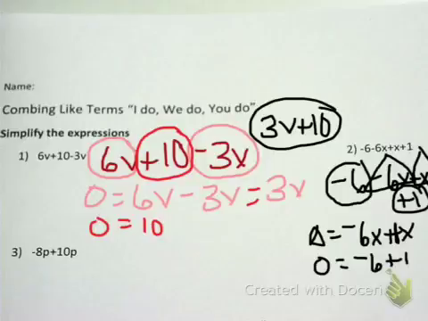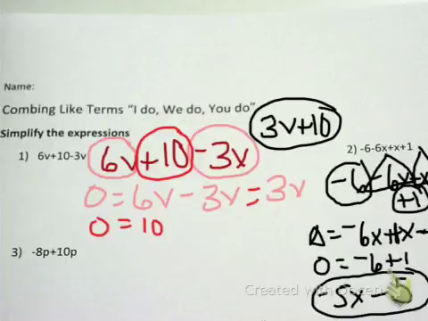Negative 6 plus 1 gives me negative 5. Sorry, negative 5. Since that sign needs to be negative, I'm going to write subtracting. Remember, it's just like you're subtracting when you have a negative. So it's going to give me minus 5, and that is my answer.